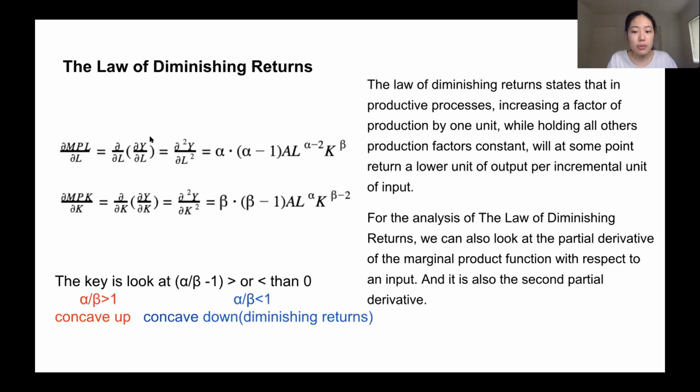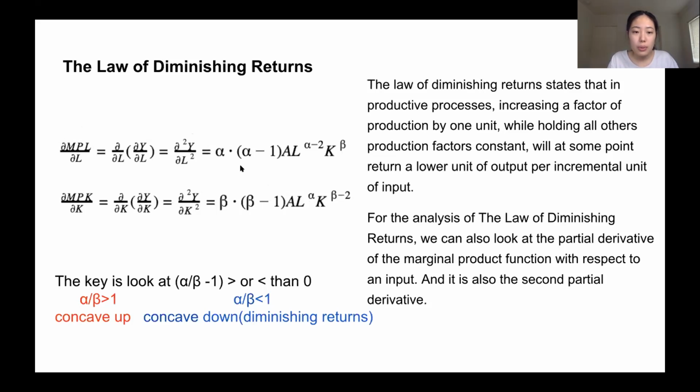This is also the second partial derivative. What the second partial derivative tells us is the concavity. When it's greater than 0, concave up; less than 0, concave down, meaning diminishing returns here.